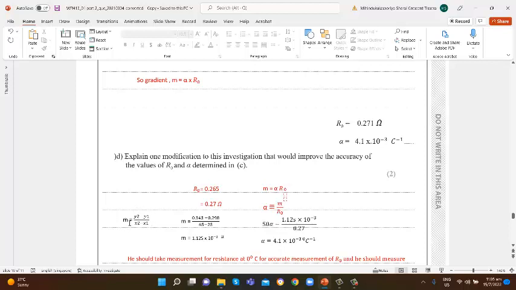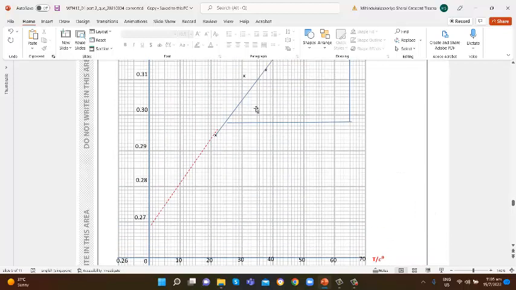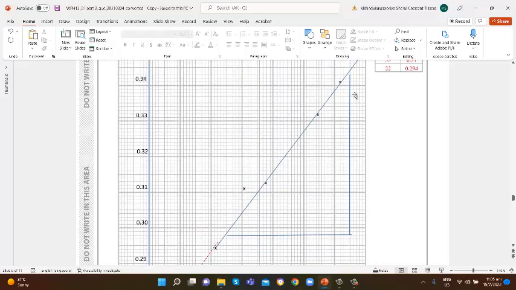It is tan theta, meaning the angle, and the gradient is this y length divided by the x length. Since y does not start from 0, you have to get the difference. So this y coordinate minus this y coordinate gives the difference, and this x coordinate minus this x coordinate gives this length.